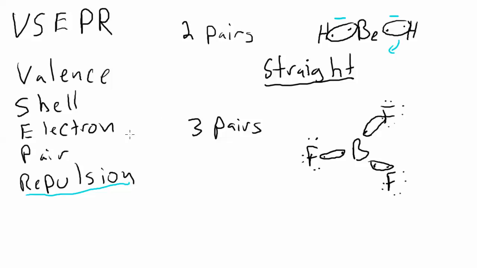So the same thing happens here. You get repulsion between the three of these. And so the way that they can get the farthest apart from each other is if they're all in a plane, if they're all flat, and if they're forming an equilateral triangle. And so you get a shape that's called trigonal planar.